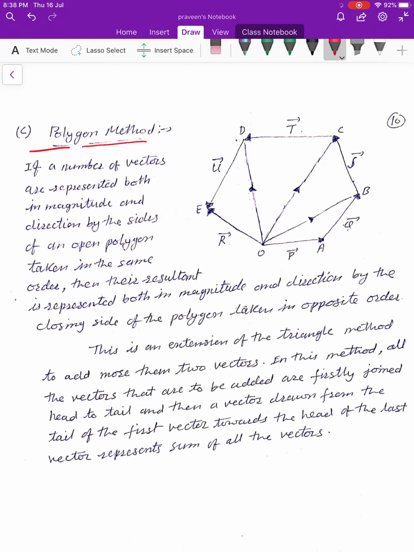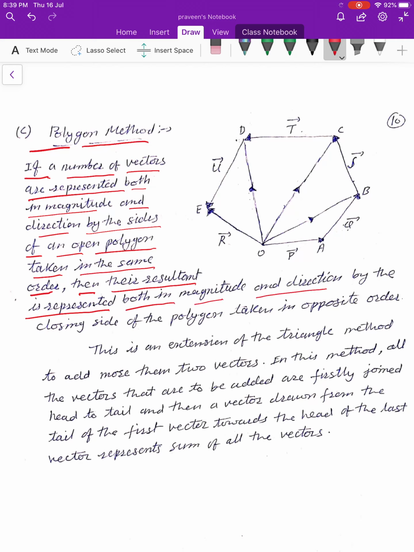Next, see the polygon method. If a number of vectors are represented both in magnitude and direction by the sides of an open polygon taken in the same order, then their resultant is represented both in magnitude and direction by the closing side of the polygon taken in the opposite order.